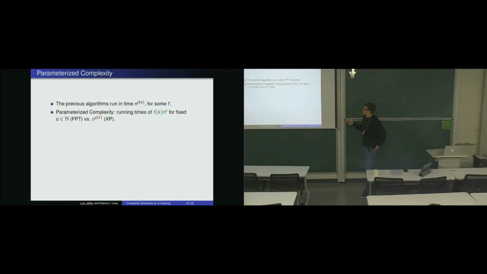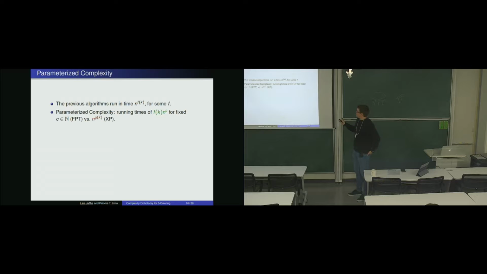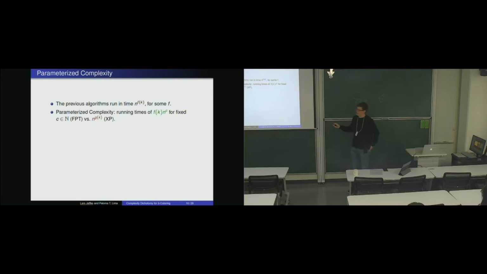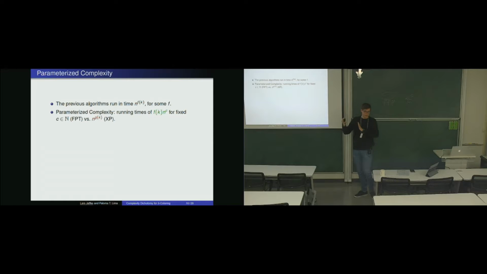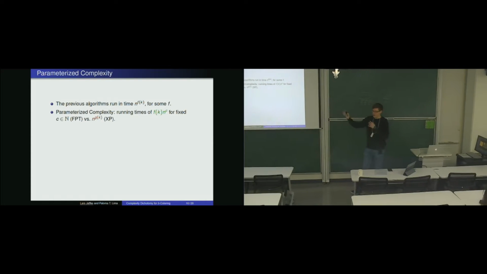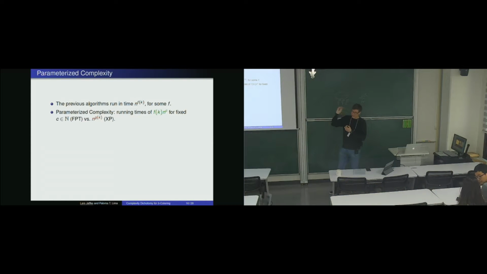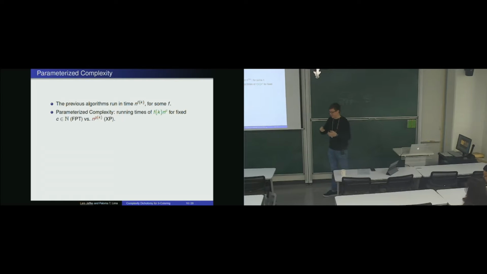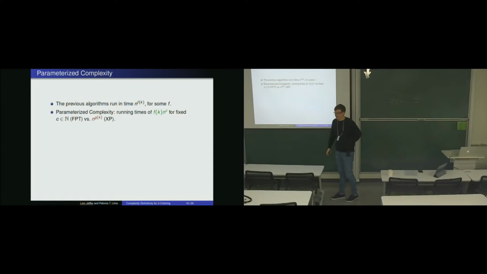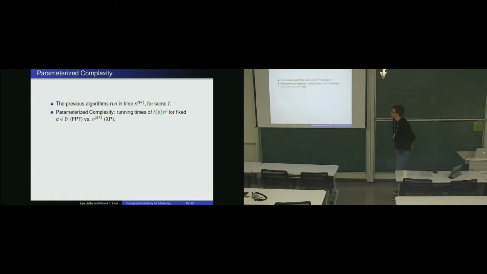And it is clear that as k is growing, these FPT algorithms are much, much better than these XP algorithms. And there are actually some nice tables that show the difference or the ratio between typical FPT and XP algorithms, and they're, even for small values of n and k, already quite big.